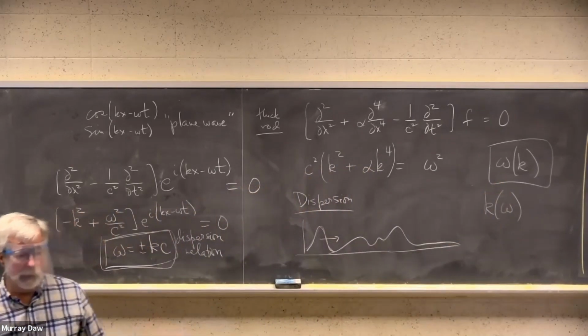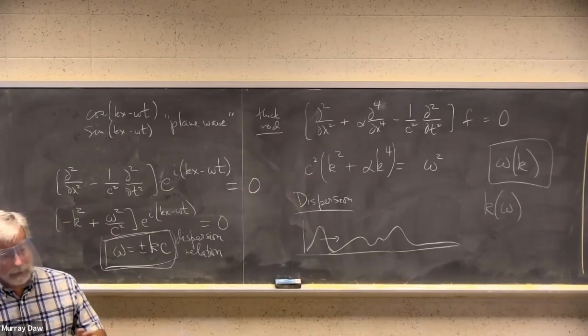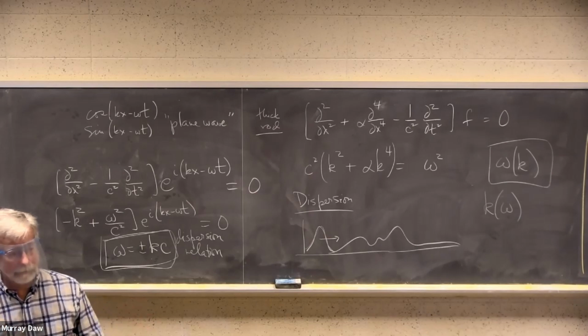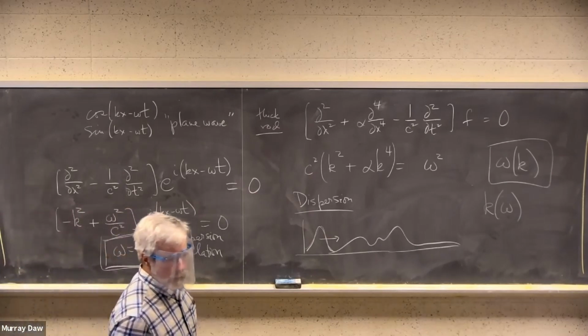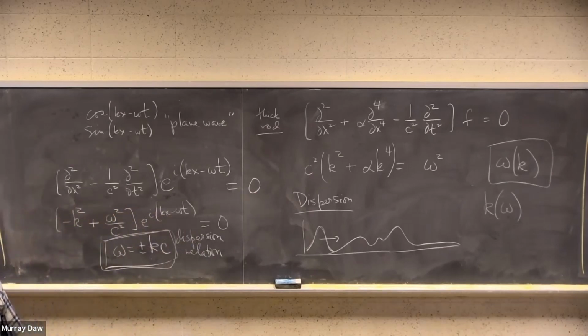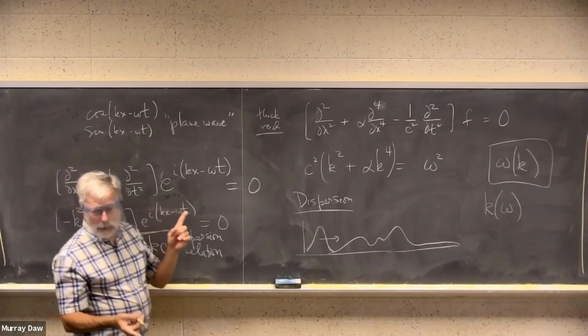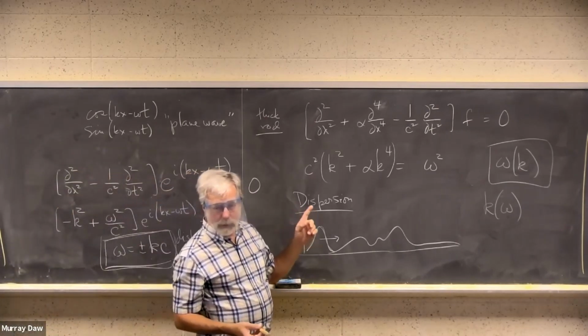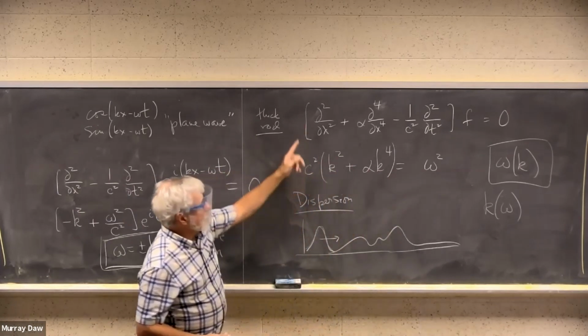Okay, so those are a couple of examples, a thick rod and light traveling through glass rather than through just the plane. You get different dispersion relations. And each dispersion relation means that there is a wave equation associated with it.